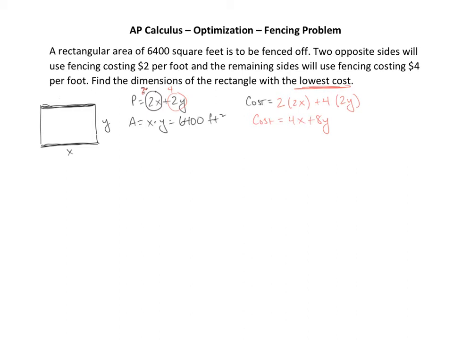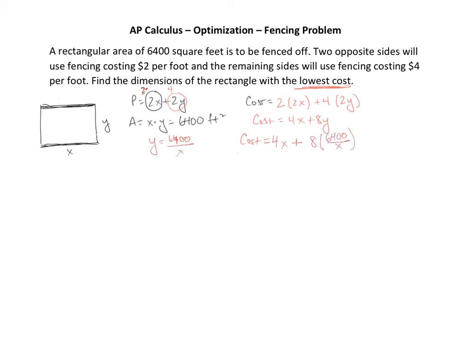So what I need to do is take the area equation and solve it to eliminate a variable. Let's eliminate the y, and we'll just keep everything in terms of x since we're used to working with x a lot. So the cost becomes 4 times my x plus 8 times, and y ends up being 6,400 over x.